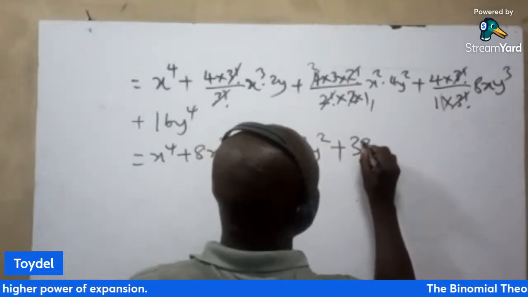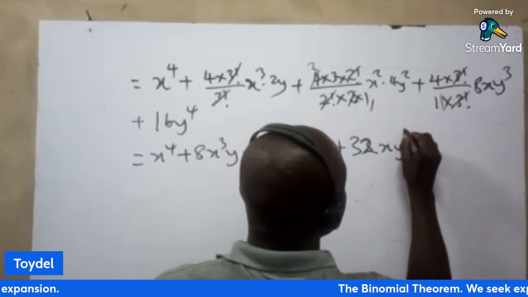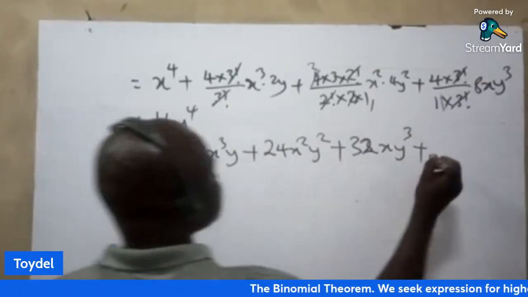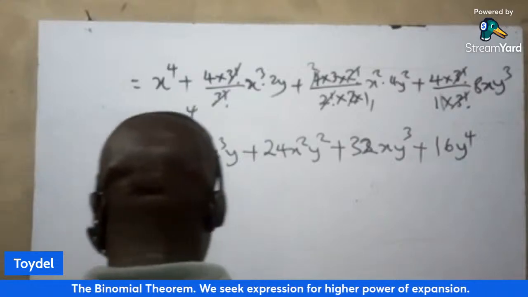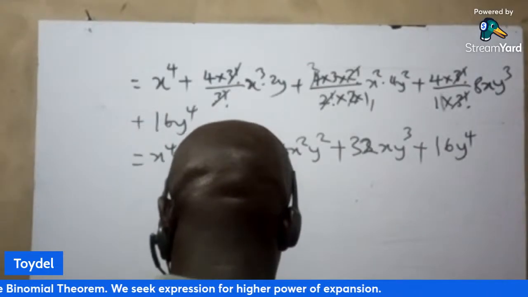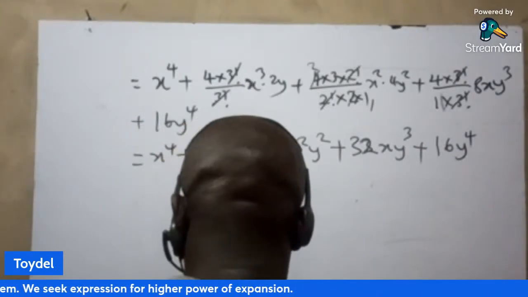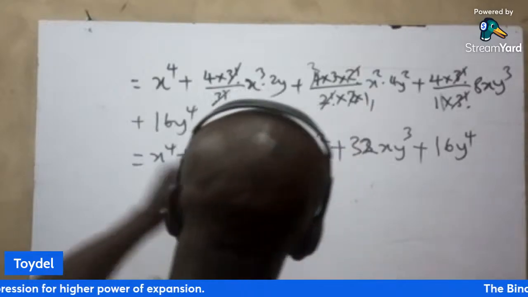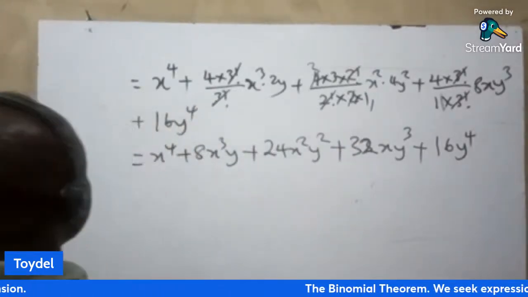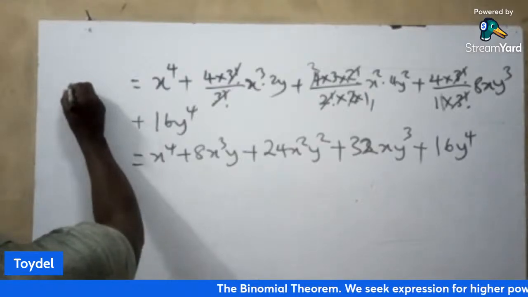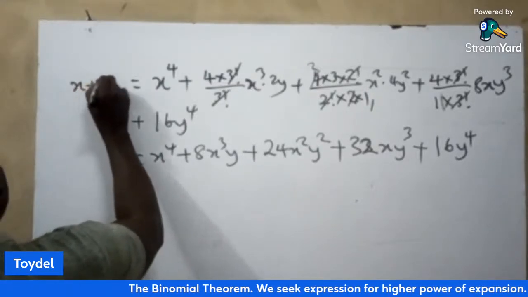I'm going to get 32 s y cube, plus the last one, 16y raised to power 4. So if you compare this result that we arrive at with the result that we got in that first example that I gave, you realize that we get the same thing. So you can use any of the methods.